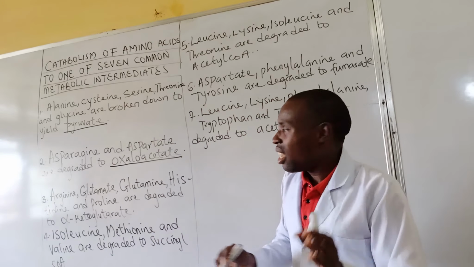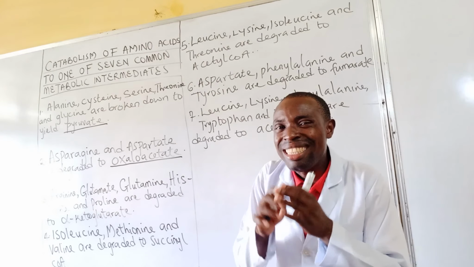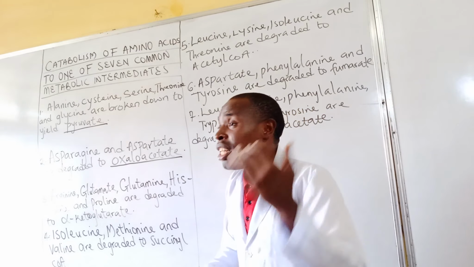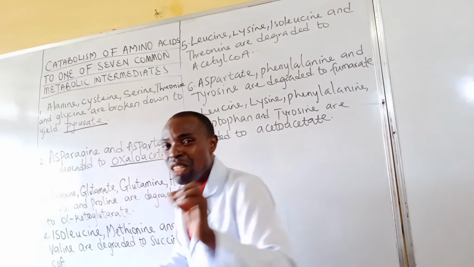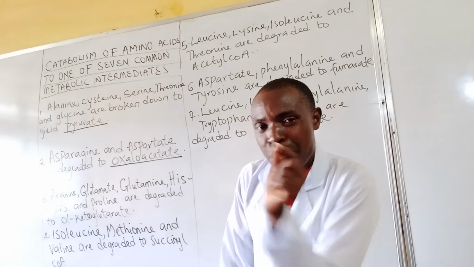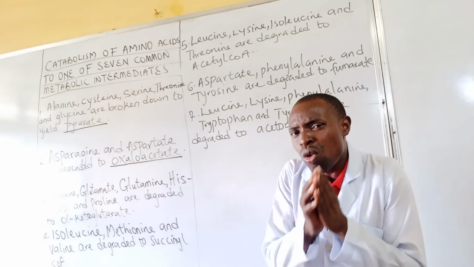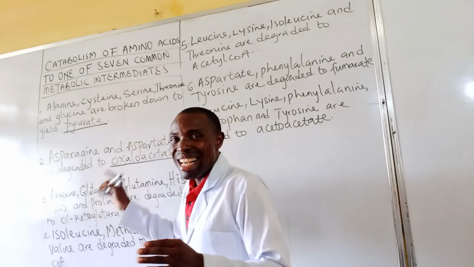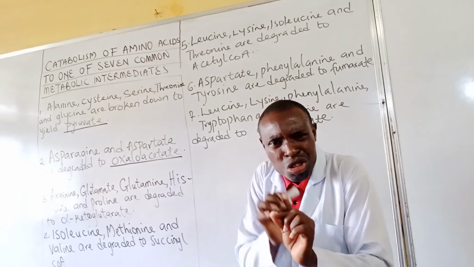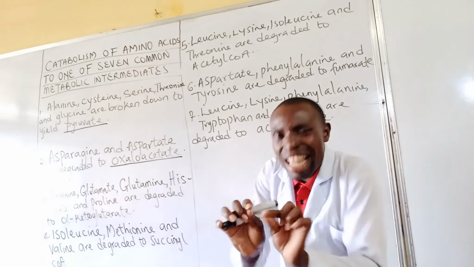Please do not forget that oxaloacetate and pyruvate are degradation products, so any amino acid that is degraded to yield pyruvate or oxaloacetate is a glucogenic amino acid. It is also clear that aspartate can directly yield oxaloacetate without much struggle, because the pathway is as clear as ever.